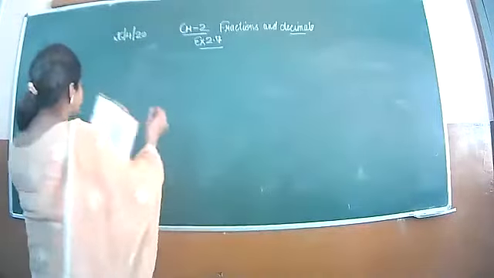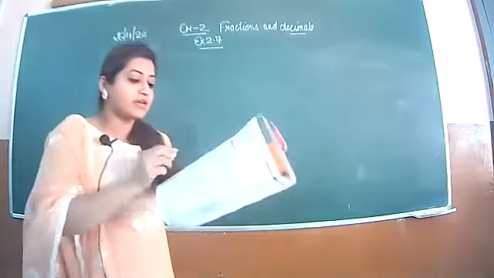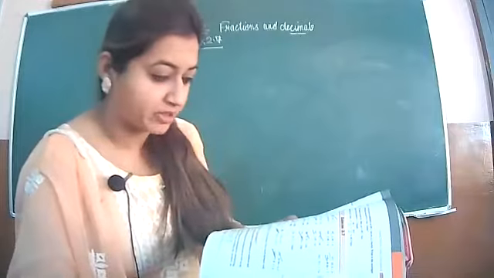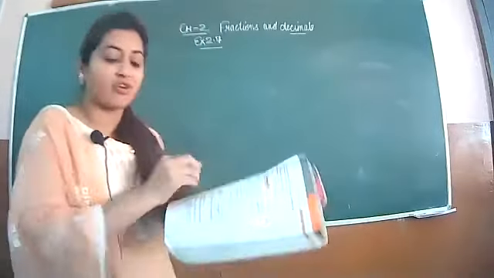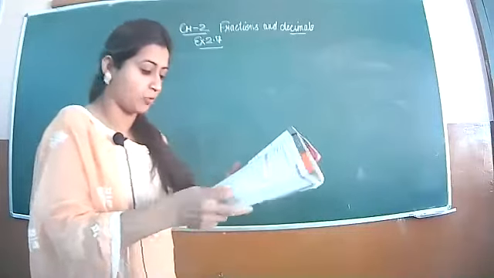Question number 6, that is a statement sum. A vehicle covers a distance of 43.2 kilometer in 2.4 liter of petrol. How much distance will it cover in 1 liter of petrol?